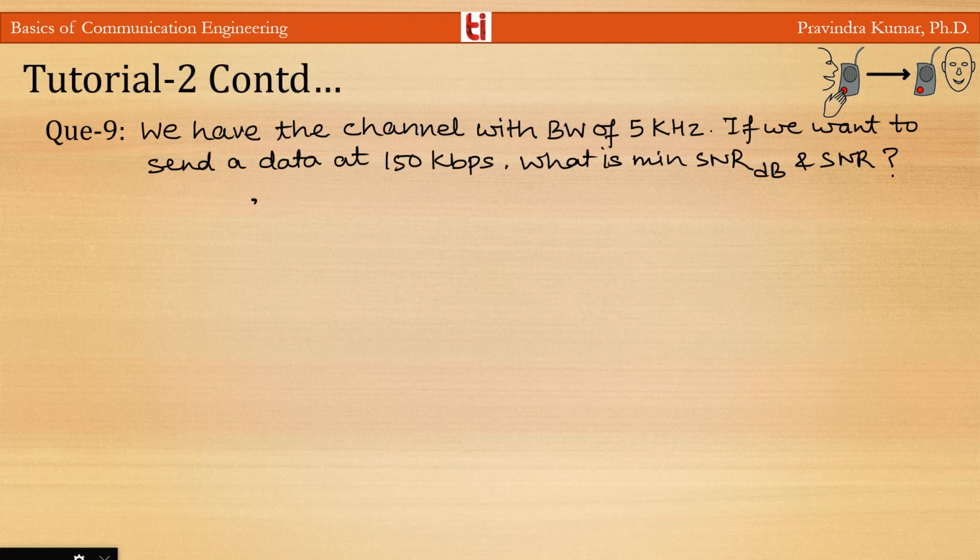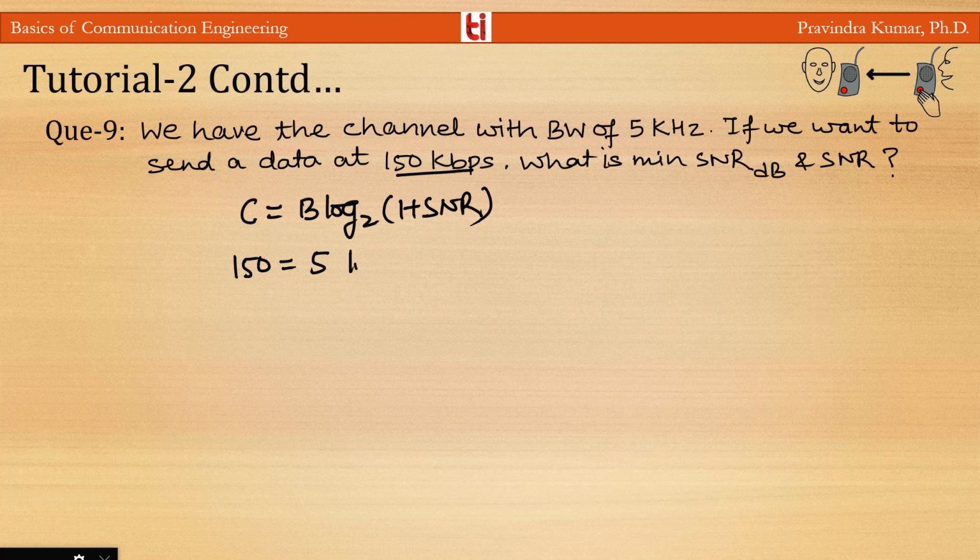Another question: we have the channel bandwidth of 5 kilohertz. If we want to send data at 150 kbps, what is the minimum SNR in dB and in normal value? You know the channel capacity C is B log 2 of 1 plus SNR. So 150 kbps is given, and bandwidth is 5 kilohertz, log 2 of 1 plus SNR.